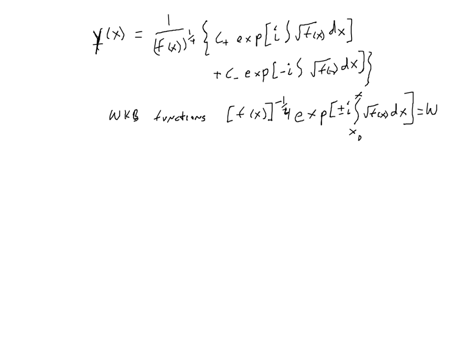And so these are known as either w plus or minus. And so therefore you could say that y of x is approximately equal to alpha plus of x times w plus of x plus alpha minus of x times w minus of x.